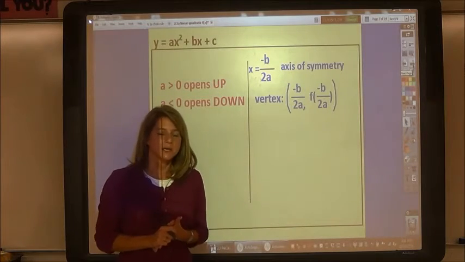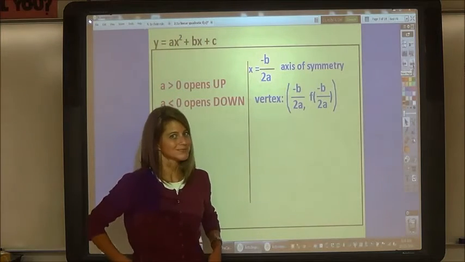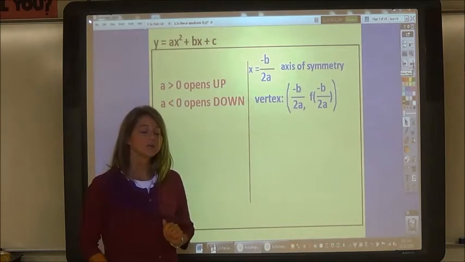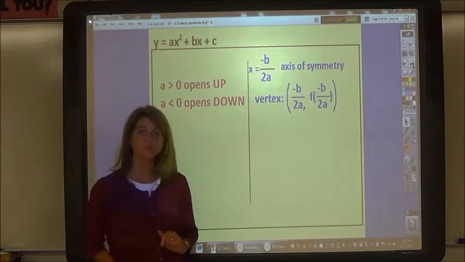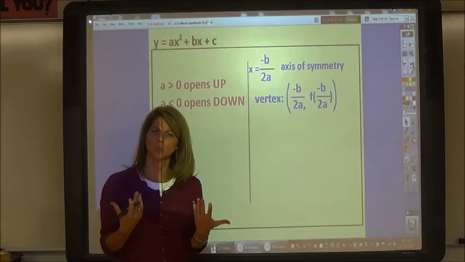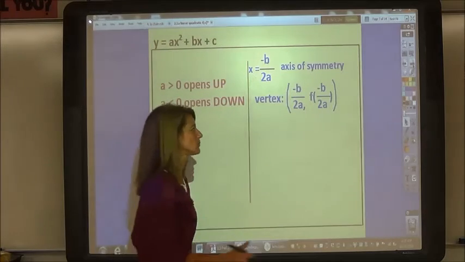Okay. Few other things that you know, and maybe one thing that's a little new. We'll see how it goes. If your a number is greater than 0, if it's something positive, your parabola opens up. And if a is negative, then it opens down. I think that's something you know.